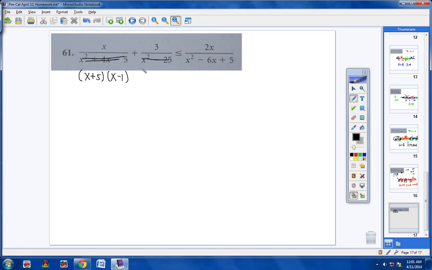And for this right here, I will have x plus 5, x minus 5. And for this denominator right here, I would have x minus 5, x minus 1. Okay? Well, it looks like I'm going to have to make this a negative sign and then put equals 0.